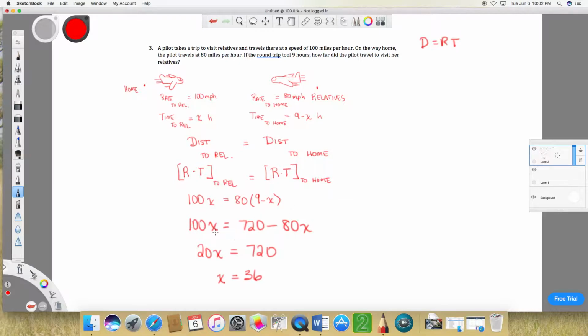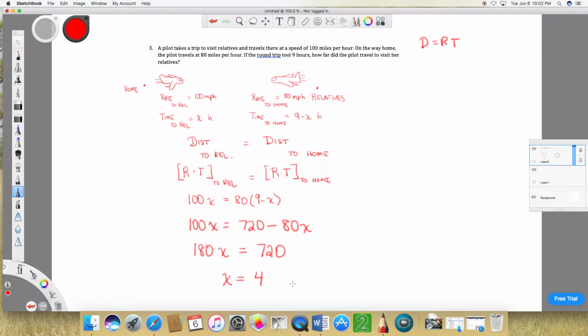Oh, look, I'm supposed to add 80x to each side, sorry about this. I'm not going to make a new video just to fix it. Look here, if I add 80x to each side, you probably saw it, but I didn't. I've got 180 times x is equal to 720, and x is equal to 4, right?